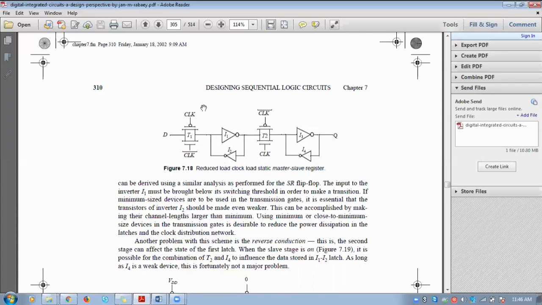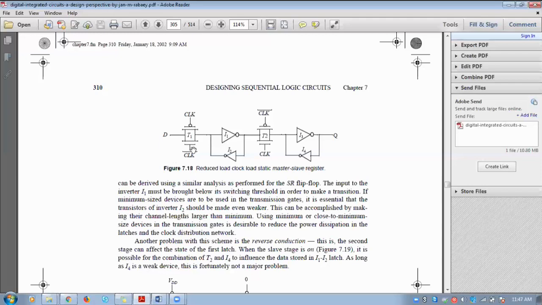Here in each and every stage it is going to drive only 6 transistors. 2 due to this transmission gate, and 2 each due to these inverters. So we will have 2 plus 2 plus 2, 6 transistors. And now let's see the working of this particular reduced clock load static master slave register.